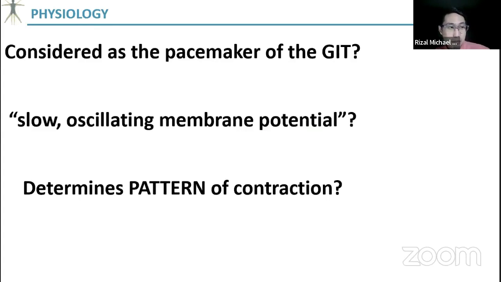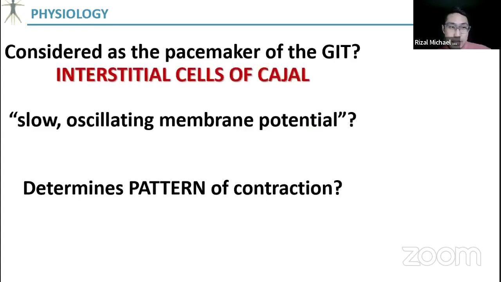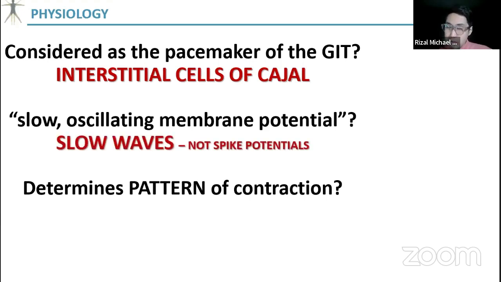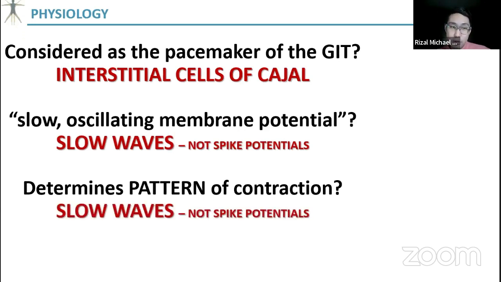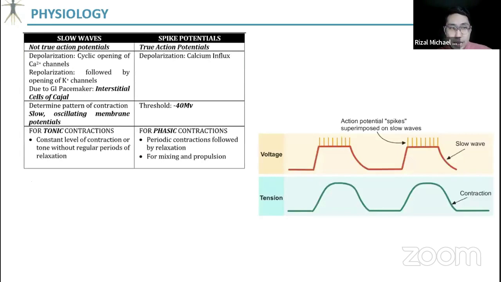Considered as the pacemaker of the GIT, that is your interstitial cells of Cajal. Considered as the slow oscillating membrane, that is your slow waves, and determines the pattern of contraction. Okay, so you have here the slow waves versus the spike potentials.